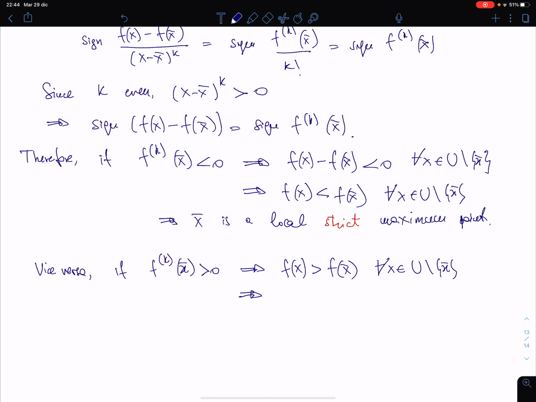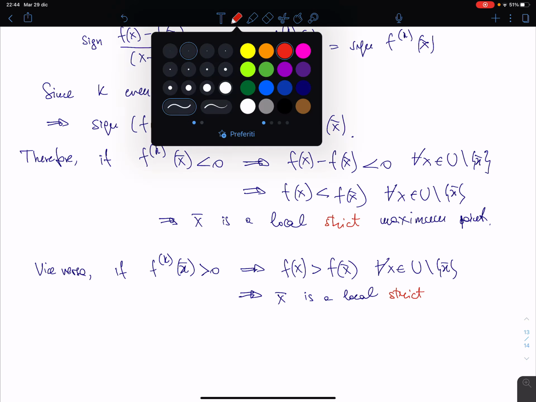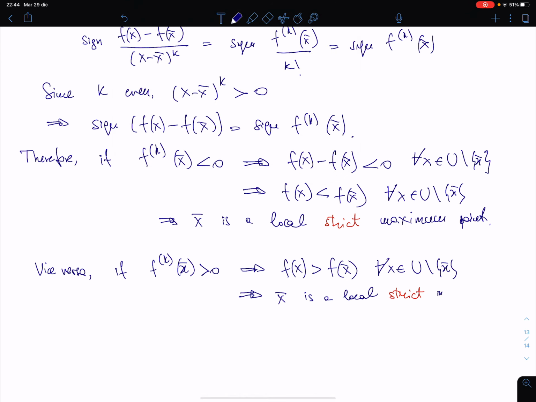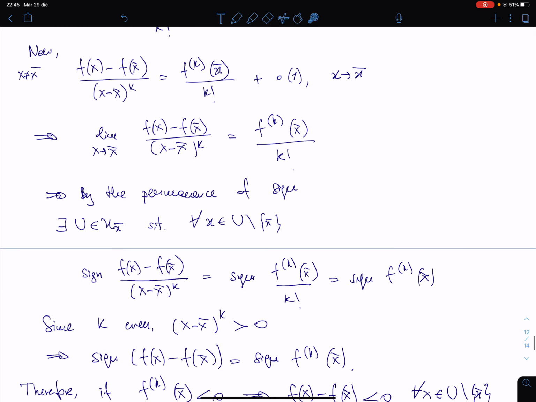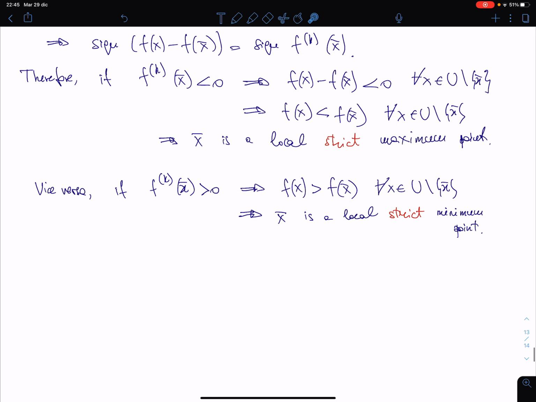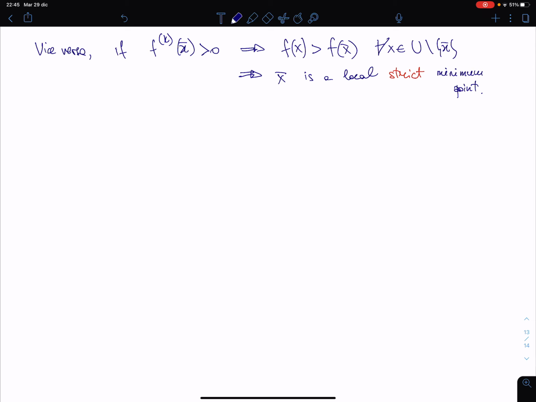Therefore, there exists U such that x bar is a local strict, again, minimum point. Okay, this is the first case, k even, and now we go to the second case. Here k even was important to say that the denominator is always positive. And case 2 is k odd.